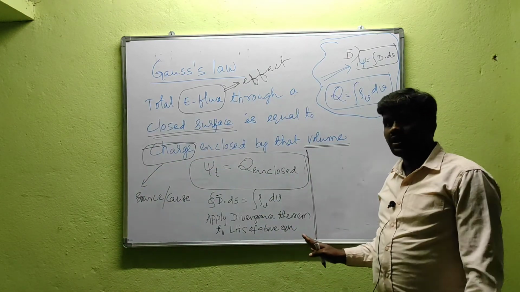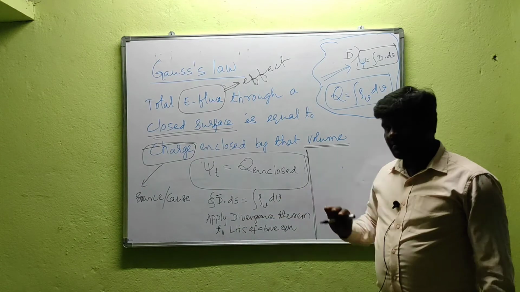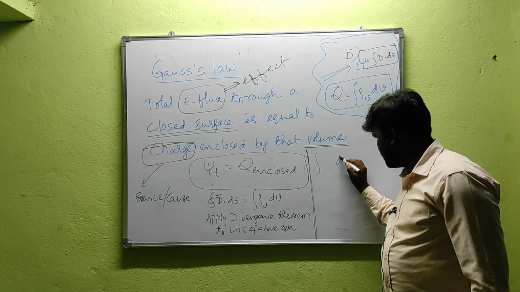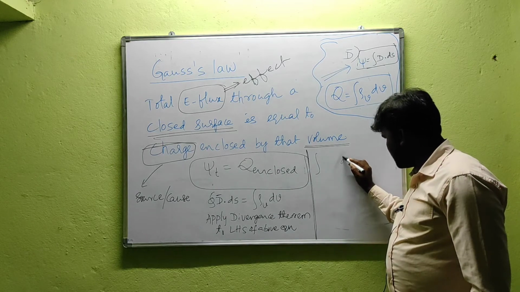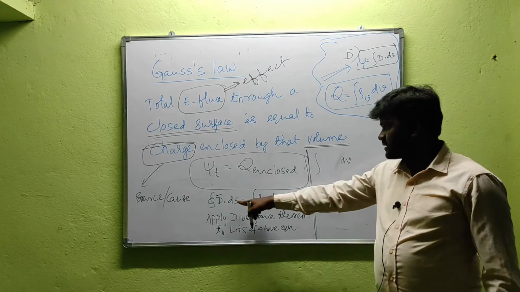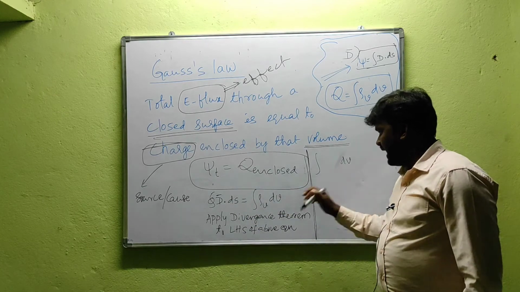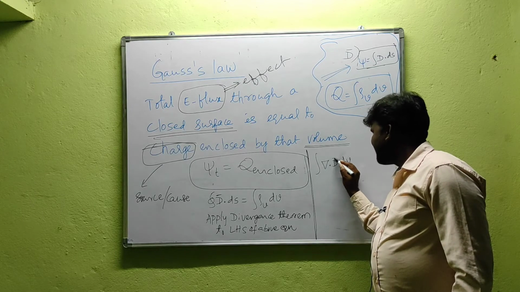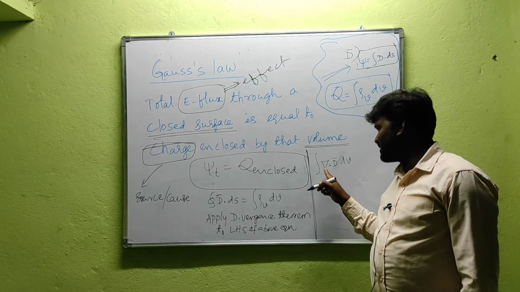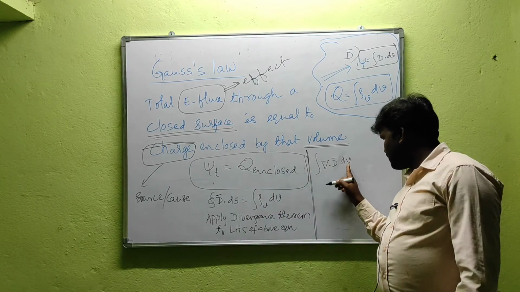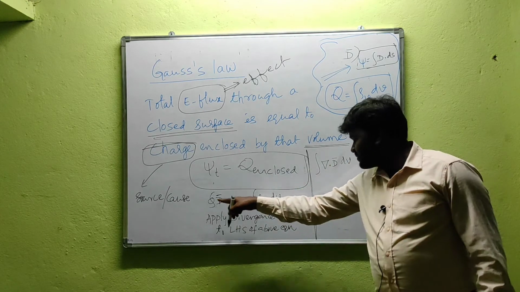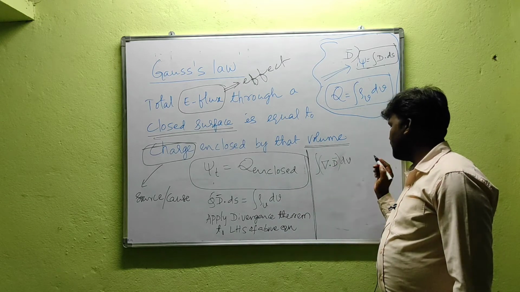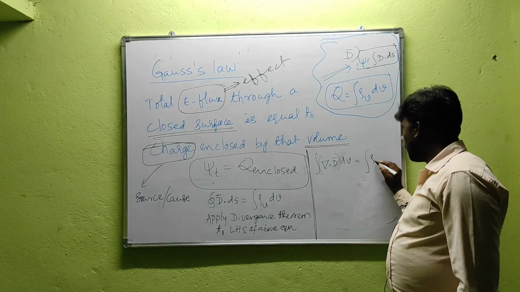It is used to convert a closed surface integral into a volume integral, and this vector becomes the divergence of that vector. That's why it is called the divergence theorem. So the left side becomes the integral of del dot D dv, which is equal to the integral of rho v dv.